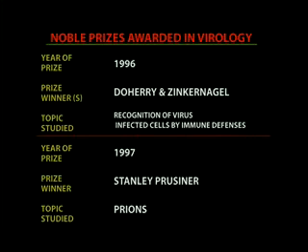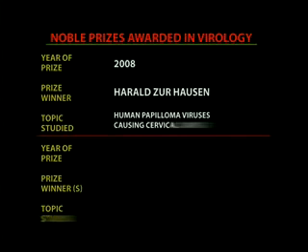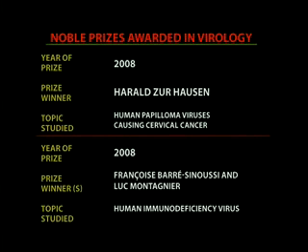In 1997, Stanley Prusiner got this prize for discovering the prions, the infectious proteinaceous particles with no DNA or RNA. In 2008, Harald zur Hausen, for his work on human papillomaviruses causing cervical cancer, shared this prize with Francoise and Luc for their wonderful work on human immunodeficiency virus HIV, a very horrible virus.